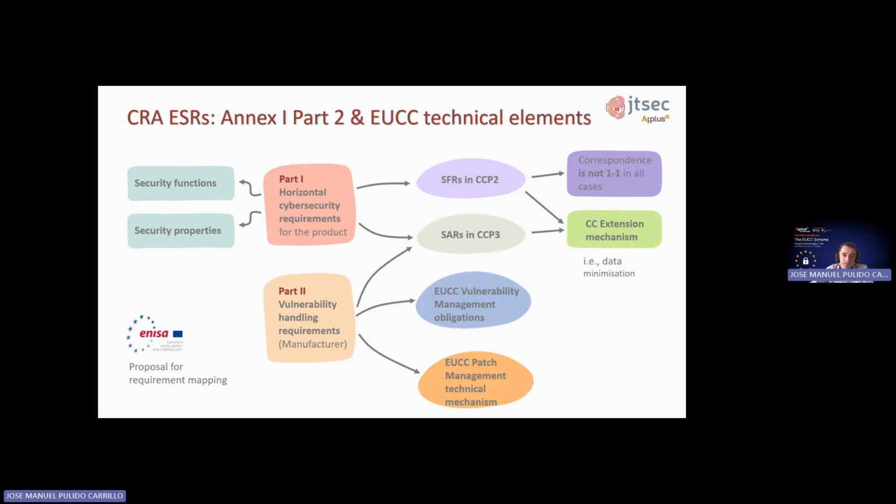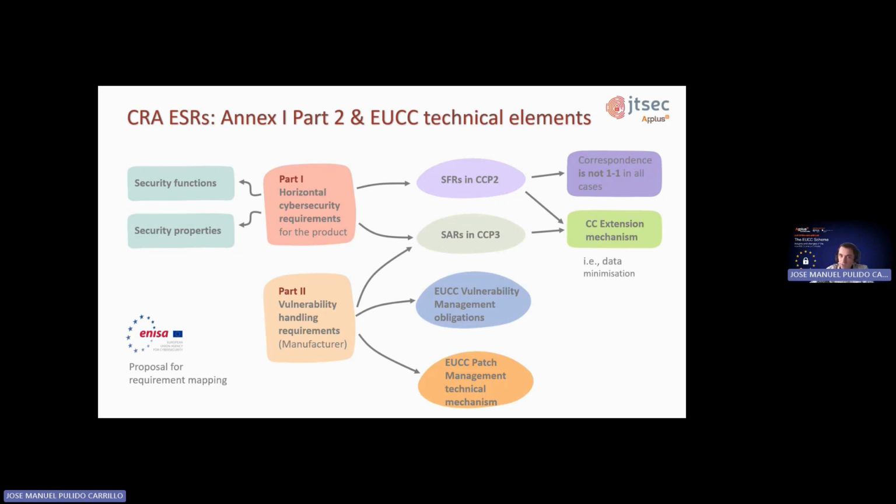Security assurance requirements can also meet part of the requirements put on the manufacturer's obligation, like vulnerability handling, for example, with ALC_FLR, and also other mechanisms like the vulnerability management obligations in the EUCC overlap to a certain extent with the obligations for vulnerabilities in Part 2 of Annex 1 of the CRA, and the patch management included in EUCC with its technical mechanism and the related evaluation methodology could address some requirements related to updates.